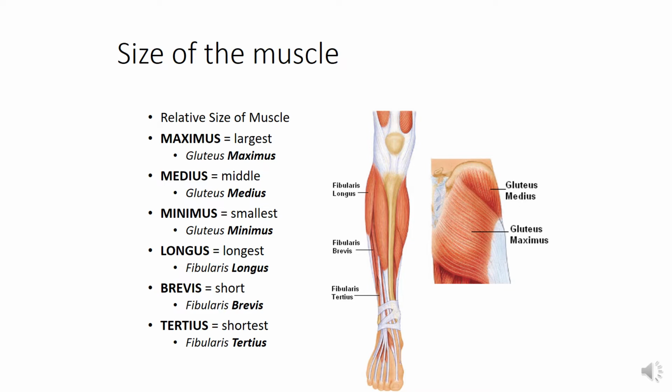Now, muscles are named according to the relative size of the muscle. Maximus means largest. An example is the gluteus maximus muscle, the muscle of the gluteal region. Here you can see where the intramuscular injection is given in the buttock region, and this is a very large muscle.